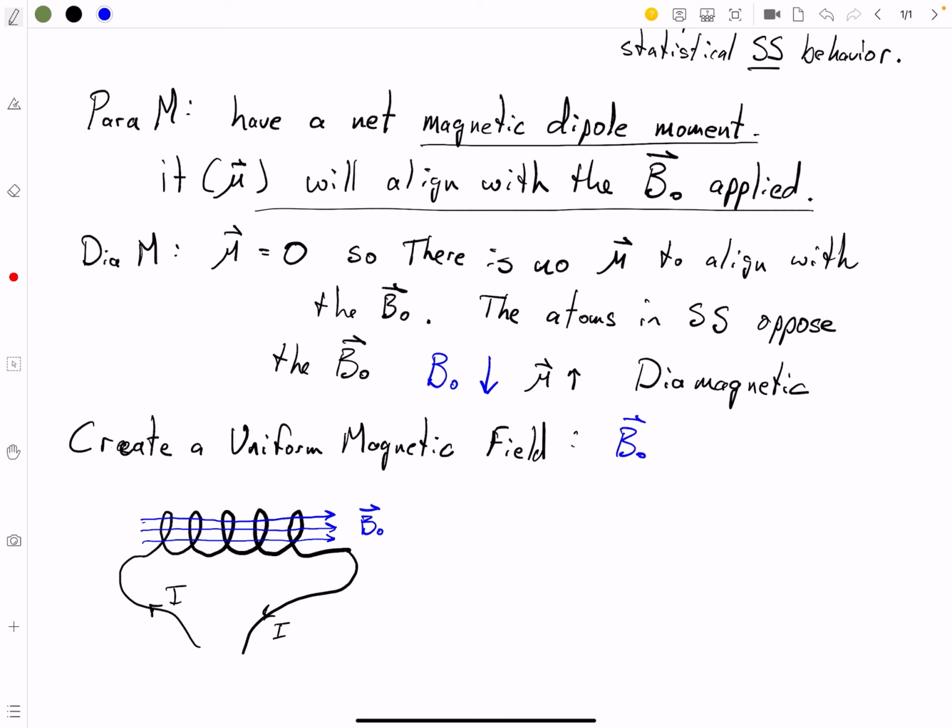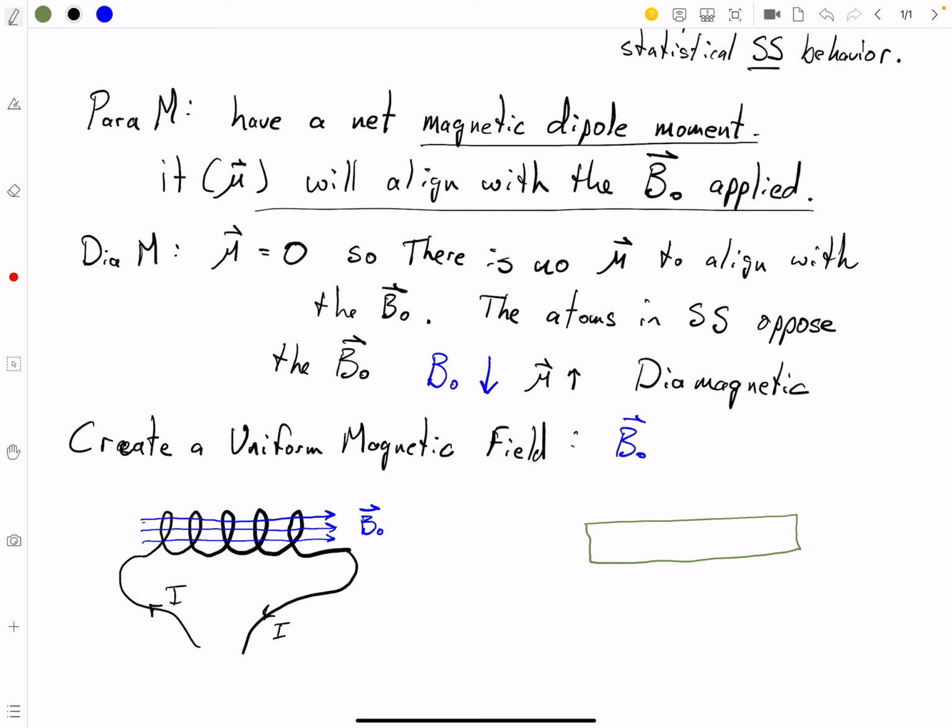Okay, so we want to put a piece of material in there. It could be paramagnetic, diamagnetic, ferromagnetic, doesn't matter. We want to put something in our field and test it, right? So here we go. We're going to cut a piece of magnetic material of some type, and then we're going to stick it in our field.